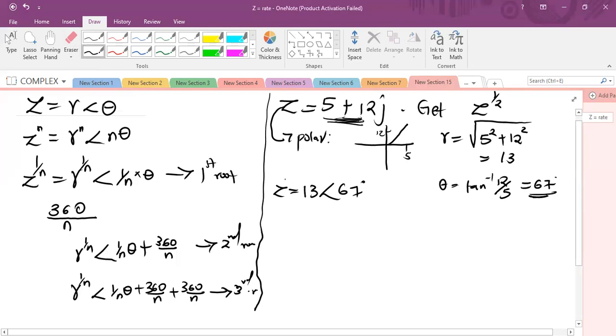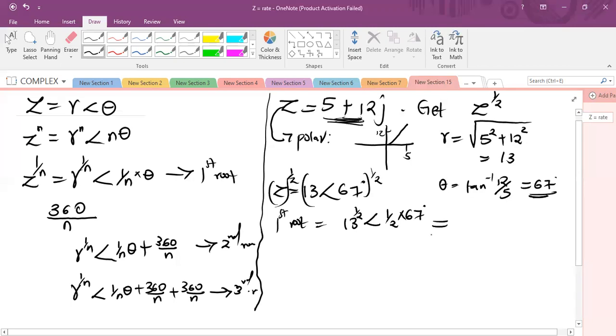Now, as I've said, if we are going to raise this to power a half, then we are also going to raise r to power a half, such that our first root will be equal to 13 raised to power a half, and then a half times 67 degrees. That will basically give us root 13, and the angle there, a half of 67.32.